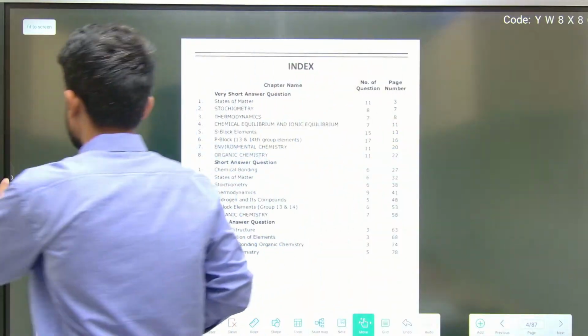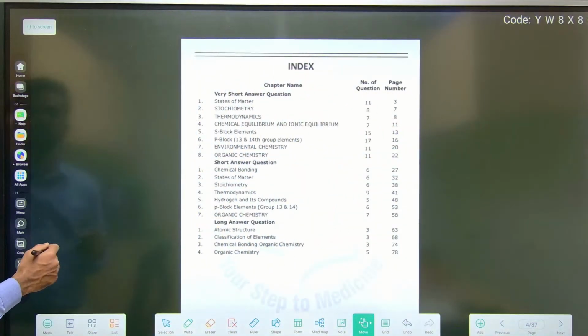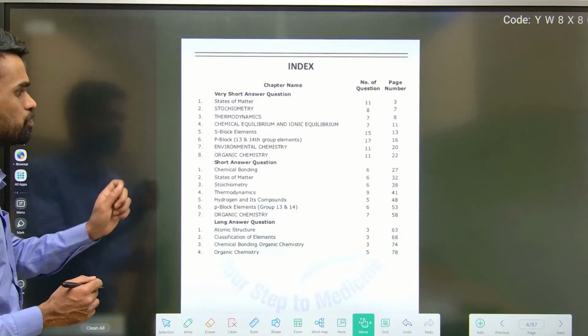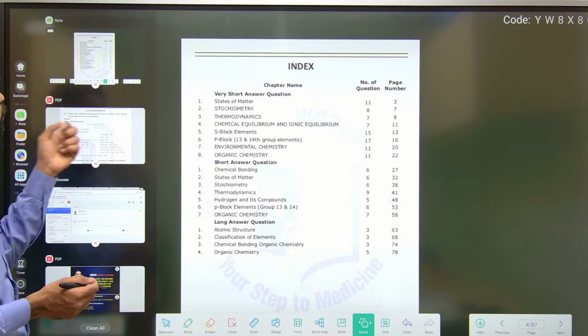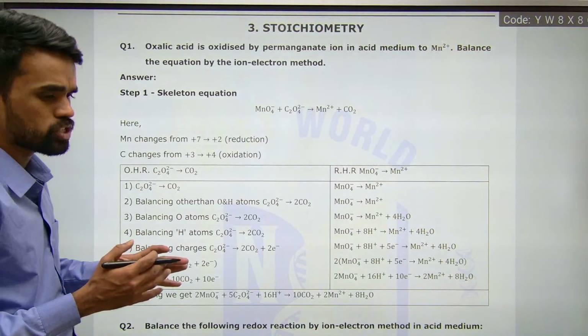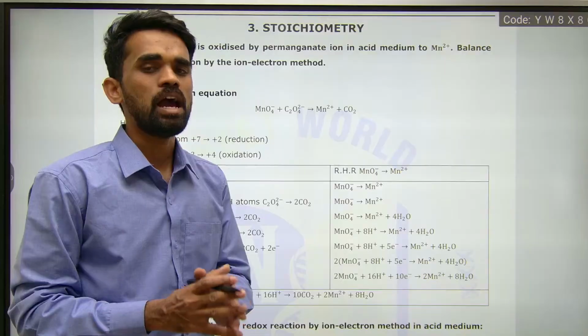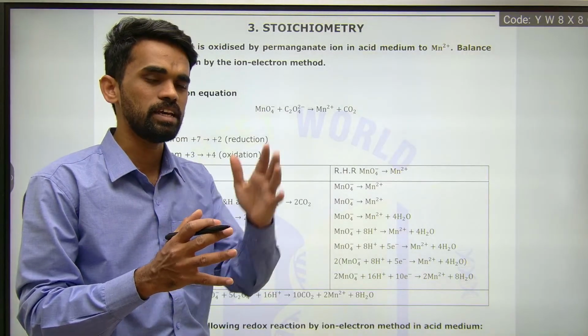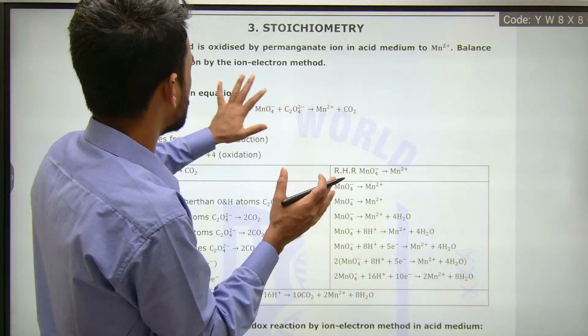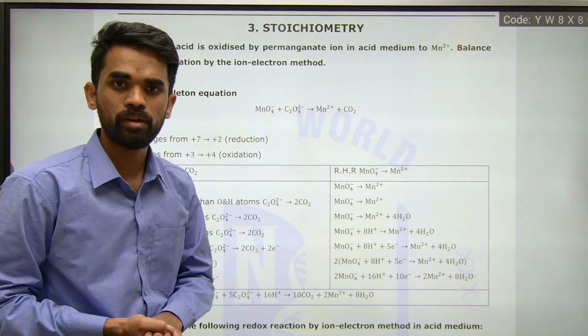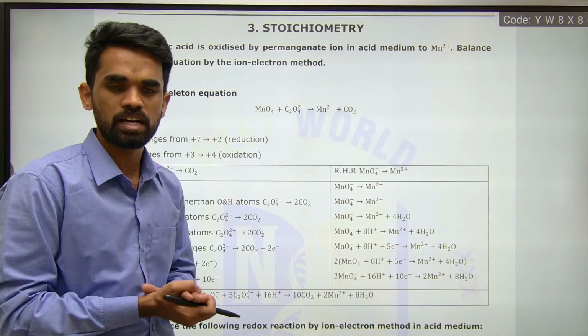In today's discussion, as I told you, I am going to explain the 4 marks question from stoichiometry. Out of 100%, I can say 70 to 75% of questions come only on balancing the redox equation.